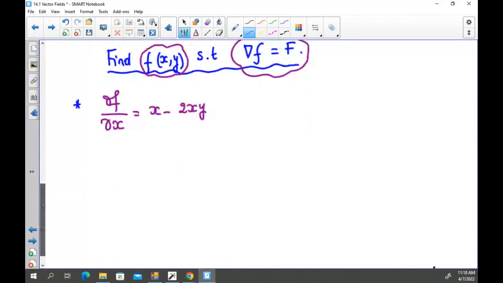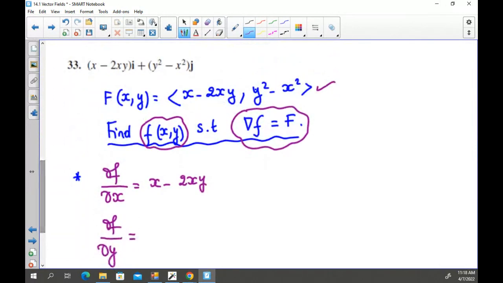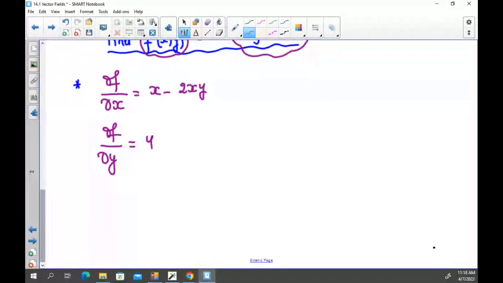And you also want df over dy to be y squared minus x squared. So that's really what you want to have. You want a function which satisfies these two conditions.